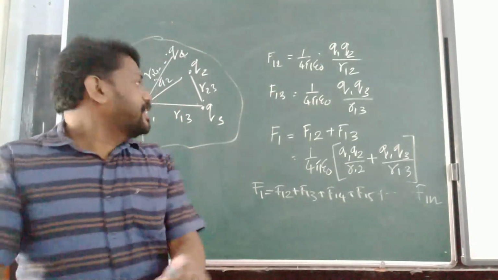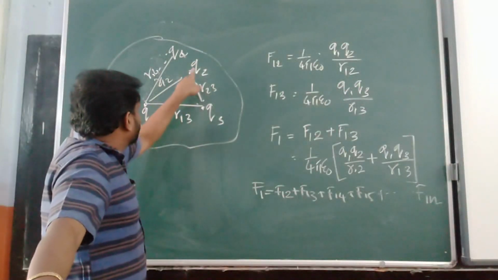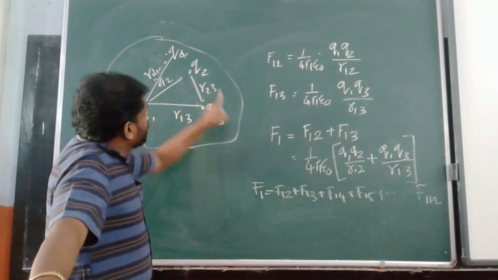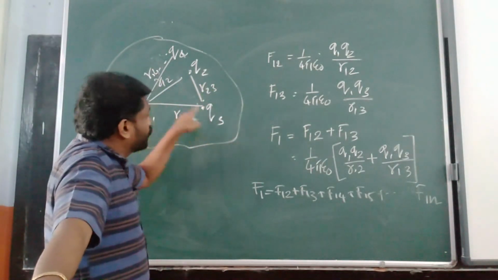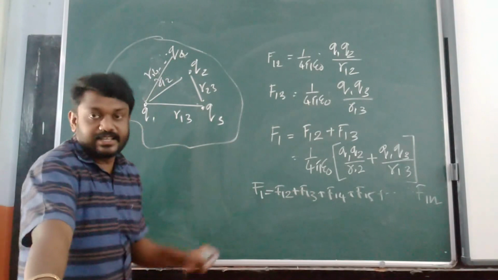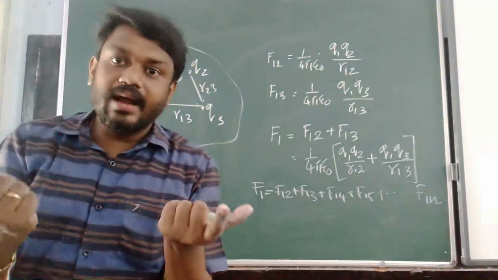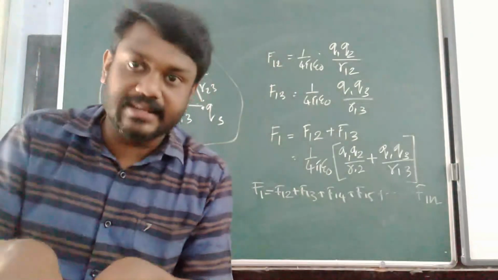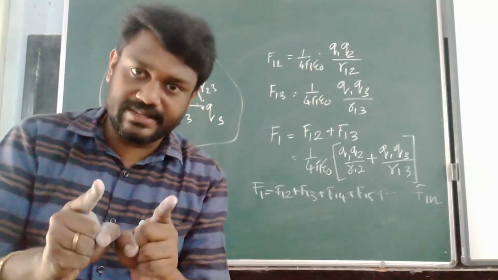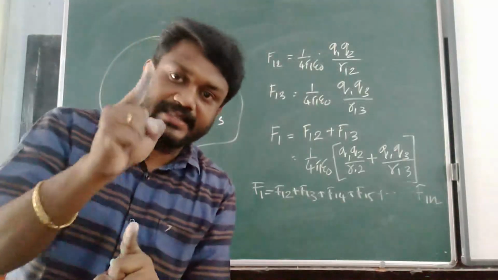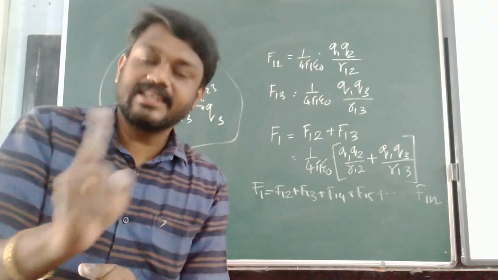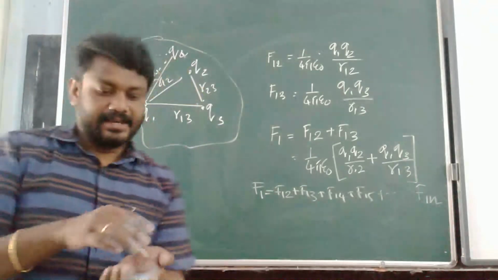Which means, if you are considering the force due to Q2 on Q1, you are neglecting the presence of Q3, Q4, Q5, etc. If you are finding the force on Q1 due to Q3, then you are neglecting the presence of Q2, Q4 and all other charges. So, irrespective of the other charges, what are the individual forces exerted by all other charges on that particular charge? Its sum is the total force acting on a single charge due to all other charges individually.